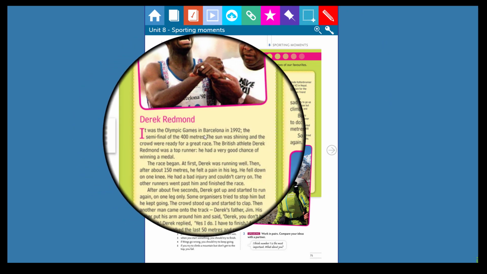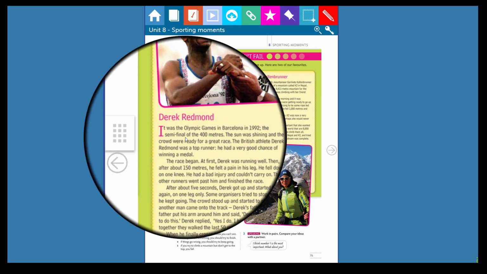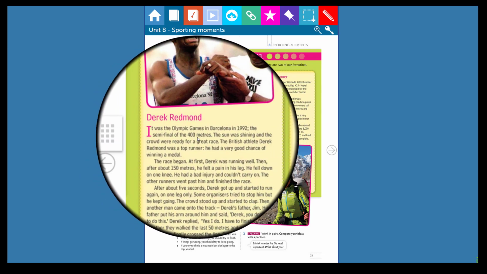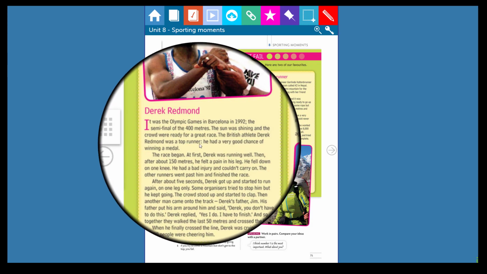It was the Olympic Games in Barcelona in 1992, the semi-final of the 400 meters. The sun was shining and the crowd were ready for a great race. The British athlete Derek Redmond was a top runner. He had a very good chance of winning a medal.